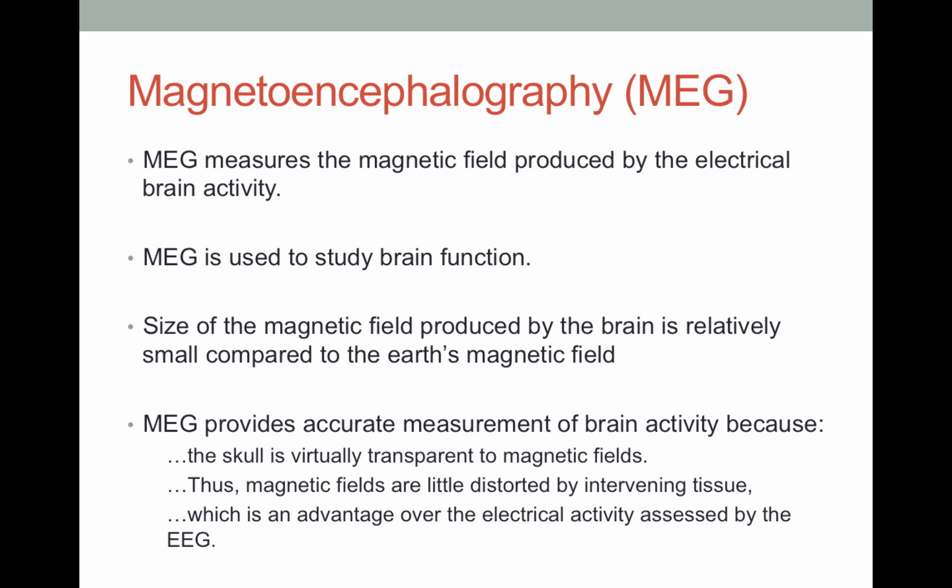MEG is also based on the signal generated by a population of neurons rather than a single neuron. MEG provides an accurate measurement of brain activity because the skull is virtually transparent to magnetic fields. Thus, magnetic fields are little distorted by intervening tissue, which is an advantage over the electrical activity assessed by EEG.